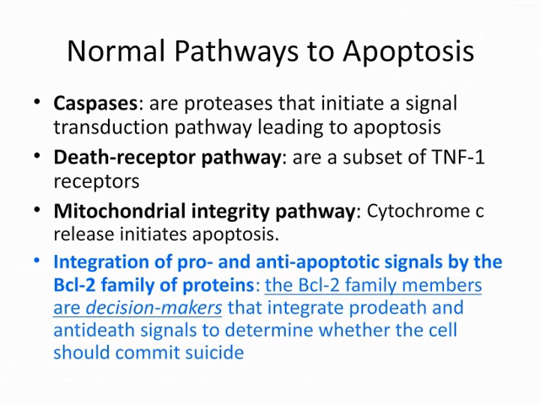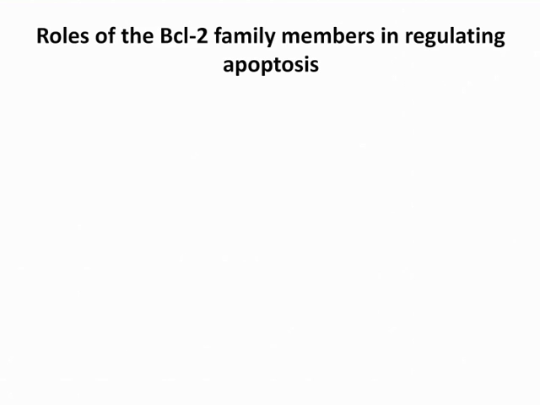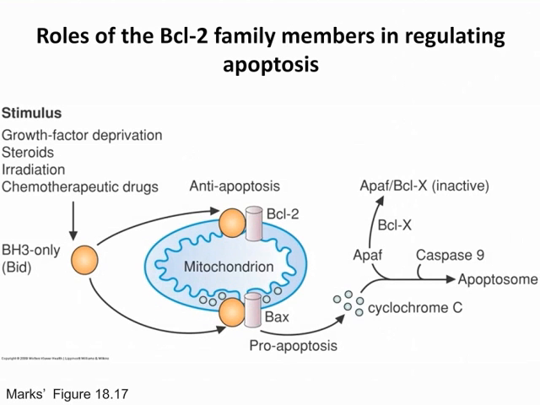So the last thing we'll talk about is the BCL2 family, and these are the decision makers. They decide if a cell is going to die or not. So here are some of the roles of the BCL2 family members in regulating apoptosis. BID can go one of 2 ways. It can follow the anti-apoptotic route. So that's BCL2, which is anti-apoptotic, so your cell will not die if it goes this route.